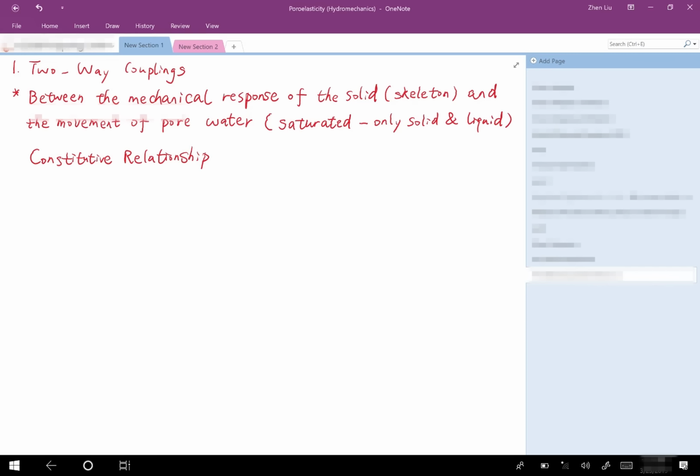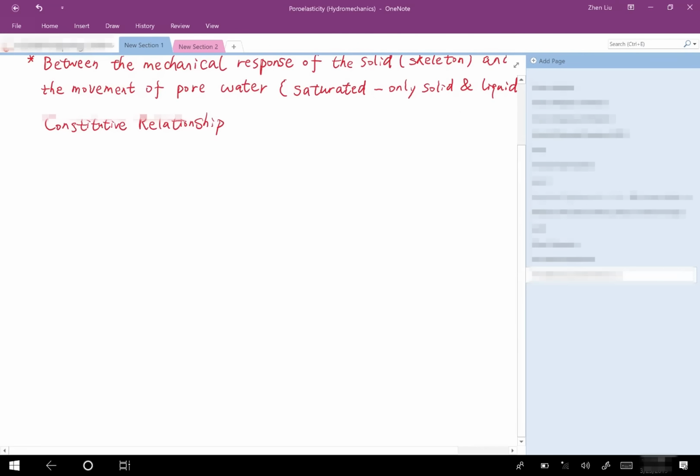So they're kind of different. So for this one, the coupling starts between different properties, constitutive relationships. So it's two-way coupling. So we have two equations. For the coupling from the liquid to the solid, we have the following thing.